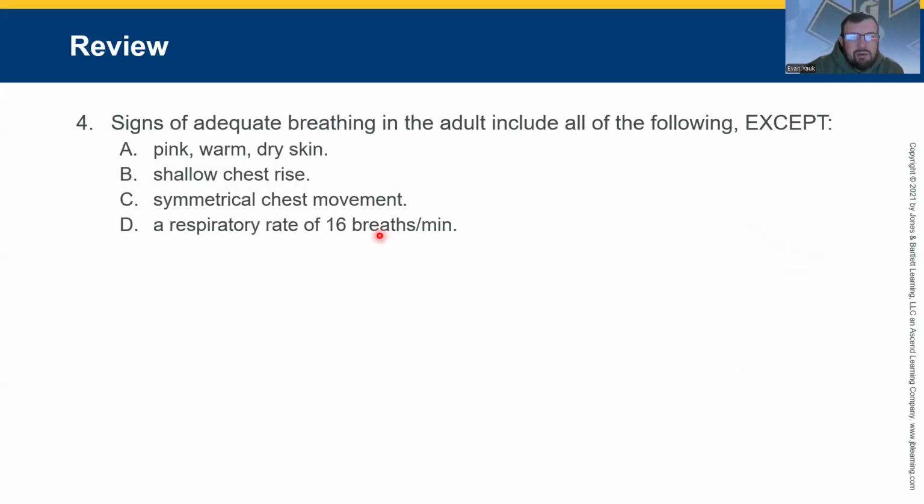Signs of adequate breathing in an adult include all of the following except. So we're going to really start practicing on how to take tests. I know we've talked about this before. Signs of adequate breathing in an adult include all the following except. Got it?